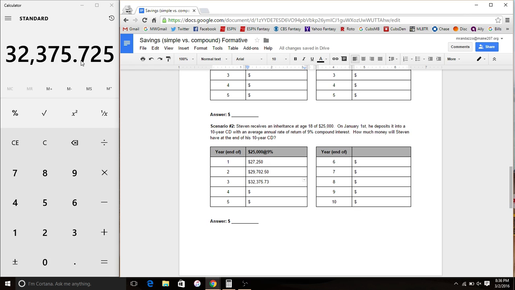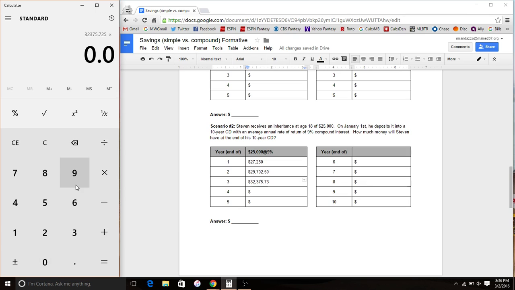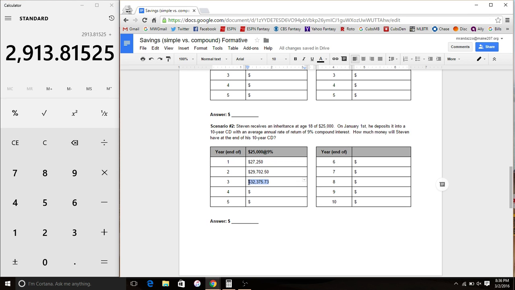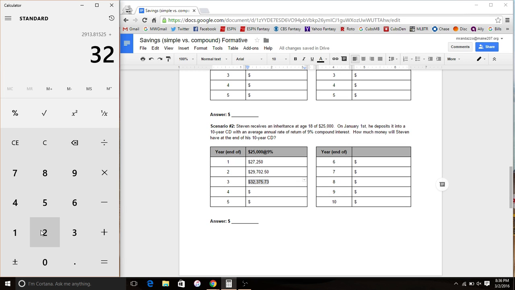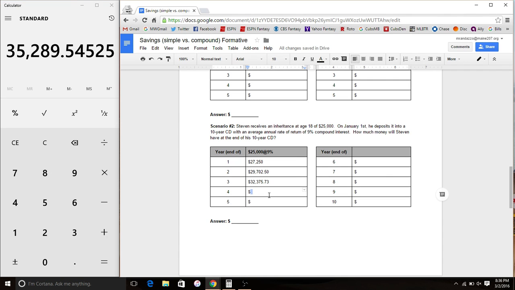It's the same thing over and over again. You take this number, you times it by the interest rate. Whatever you get's the interest, and you add it to this previous number. Okay, so we're just adding that to 32,375.73. And then we're rounding it. 35,289.55.